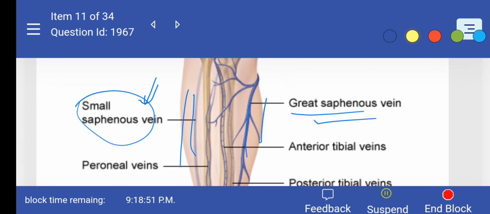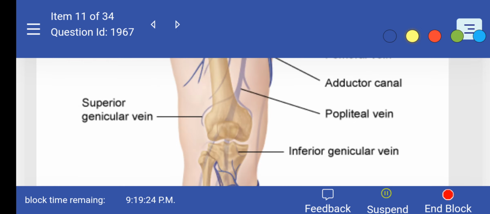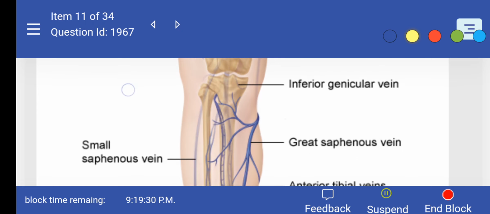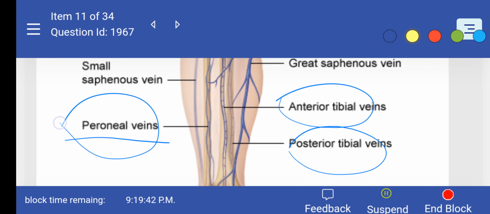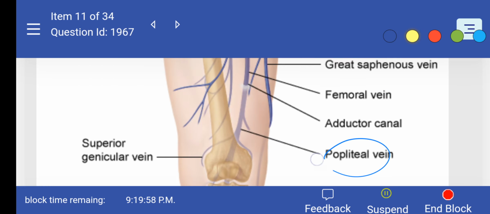If you look over here, this is the popliteal vein, which gives branches to the small saphenous vein. With that, we have the anterior tibial vein and posterior tibial vein, and on the peroneal side we have the peroneal veins.